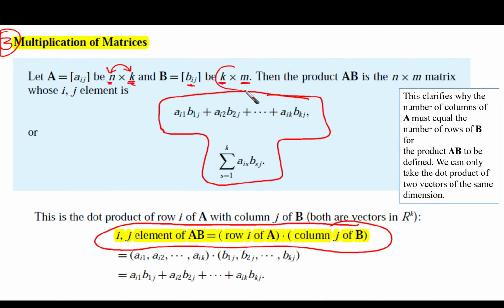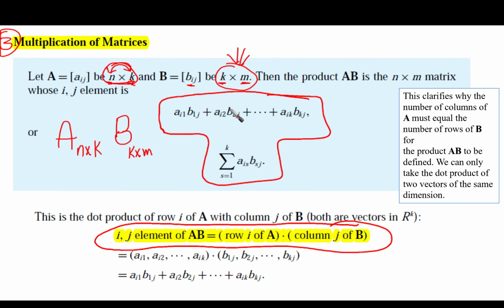Take care of the dimensions. Okay? So we have A, n by k. However, we have B, it is k by m.